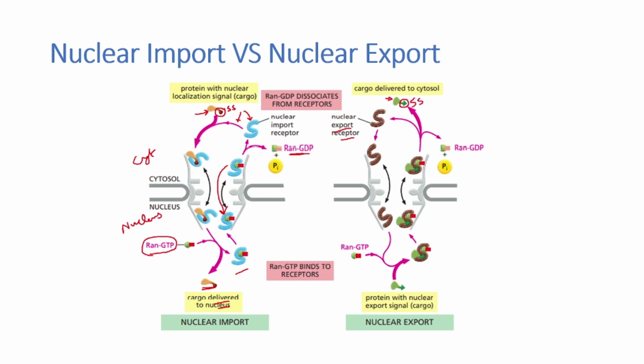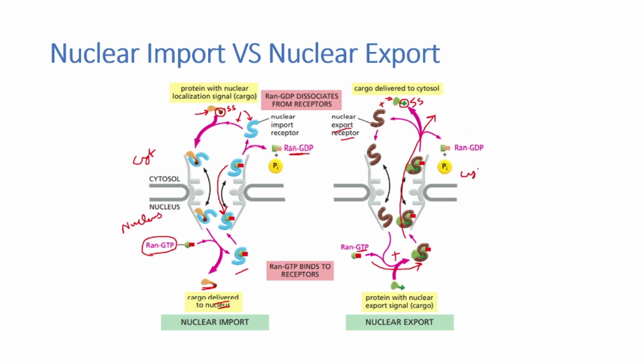First this cargo protein will bind to this nuclear export receptor, and this complex will bind to Ran GTP. Here they have bound to each other because within the nucleus you have Ran GTP, and then it will move along and get translocated to the cytosol.